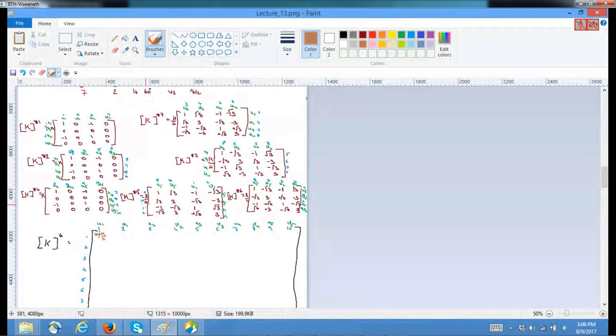So let me rewrite it clearly. The u1 and u1 entry coming from the first element stiffness matrix is small k, and from the fifth element, u1 and u1 is 1 times k by 4, so this is plus k by 4.